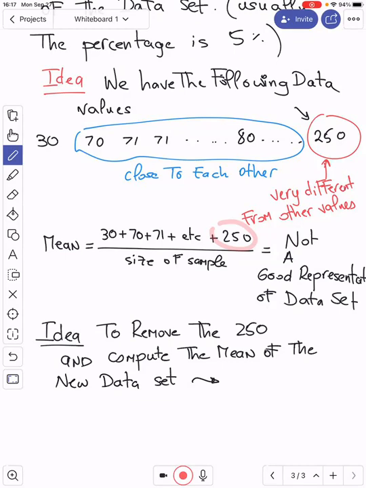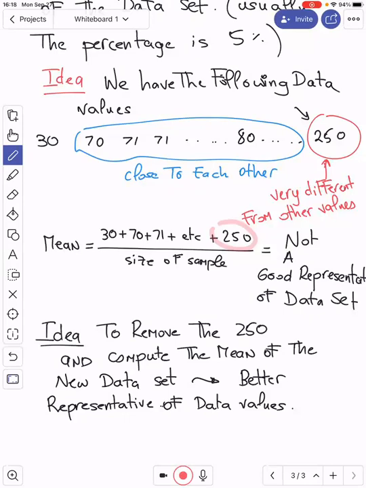A better representative of the data values.